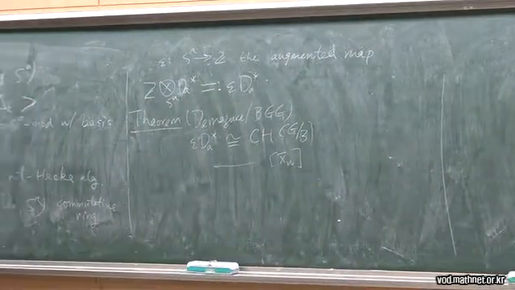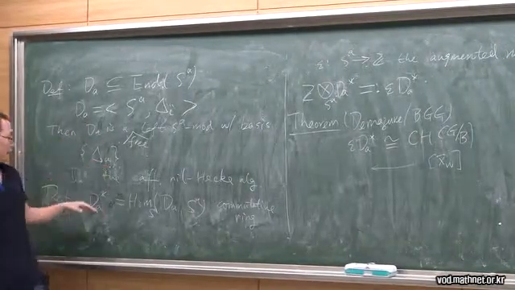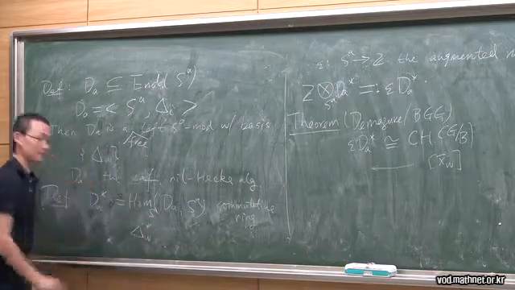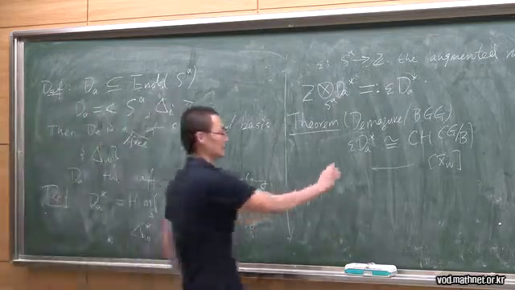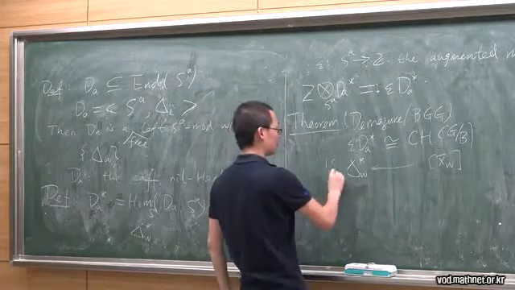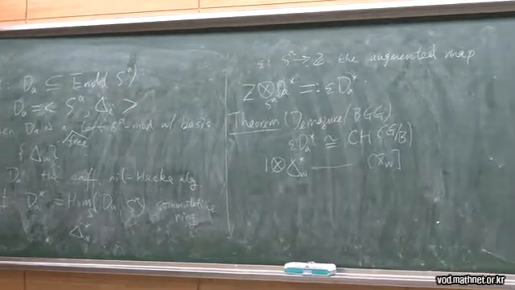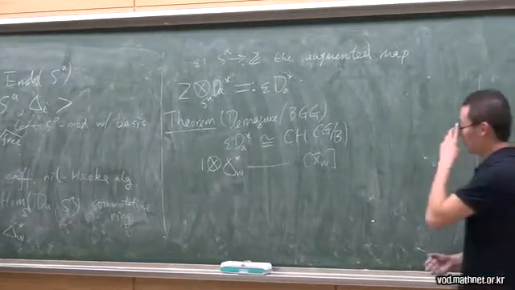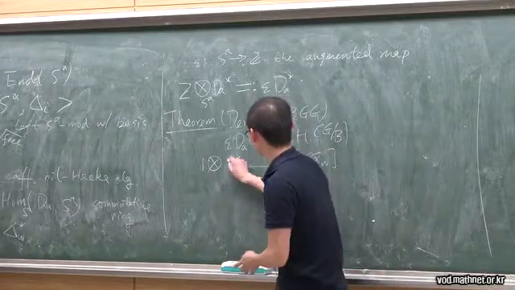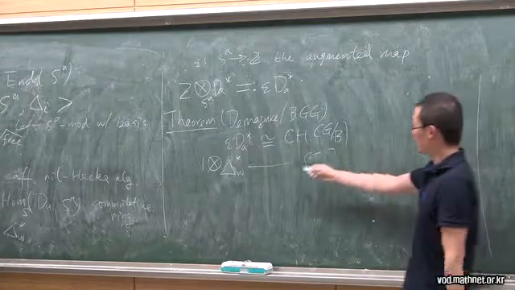So we know DA is a free SA module with basis delta W. Now if you take the dual, you also have delta W star, the dual basis. You should consider it like one tensor because it's actually the tensor. So this gives you the ordinary Schubert class, and that's an isomorphism of rings.